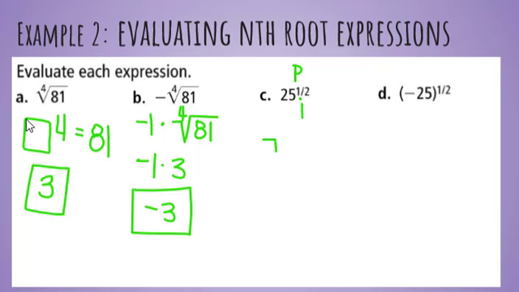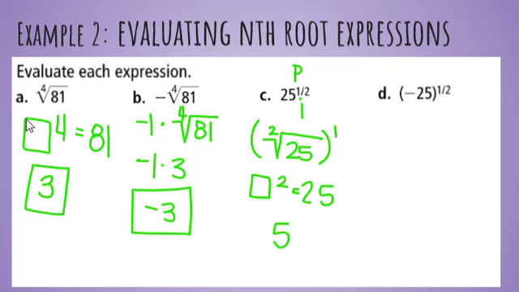So I'm going to draw my radical. 2 is the index, 25 goes inside, and my power here is just 1. So that means it's just going to stay itself. So we're thinking, what number squared gives us 25? That number is 5. Because we have that power of 1, 5 to the first power just stays 5.